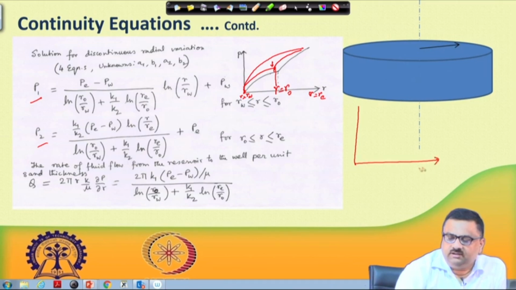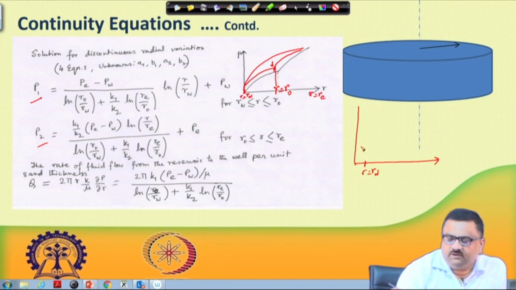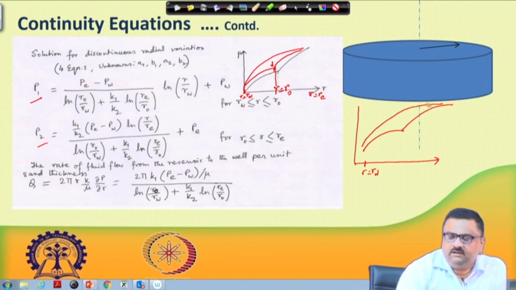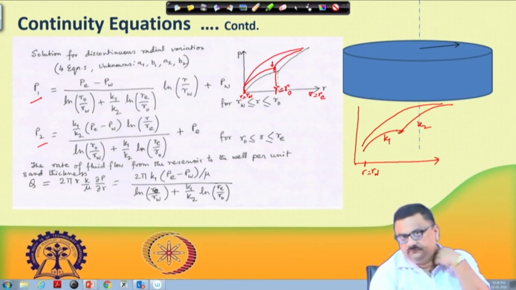The right thing to do here would be to start from r equal to r_w; below r_w we are not talking about it, and the pressure at r_w would not be 0, it would start from some finite point. This curve should be this, followed by this. If you have a uniform permeability, it would be a continuous line. But if you have different permeabilities K1 and K2, there would be a discontinuity, but the pressure has to be equal at this point, and the velocity has to be equal at this point.